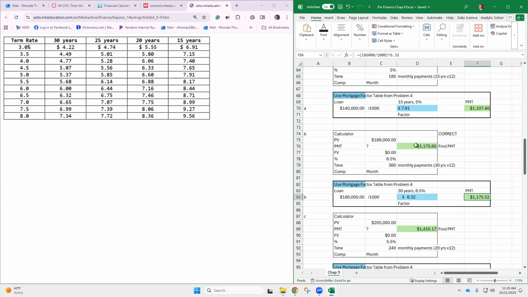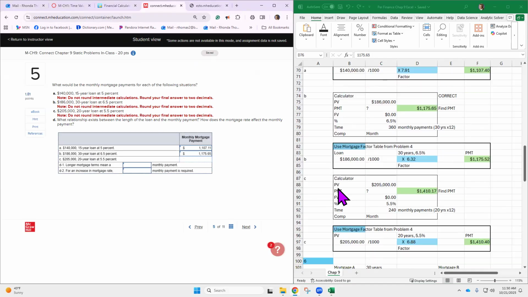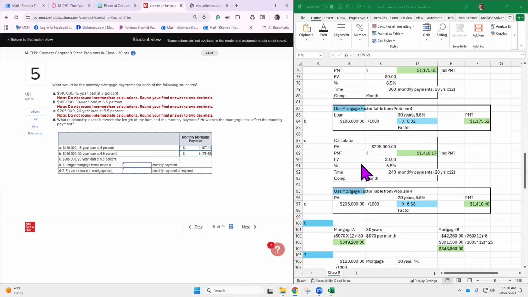So I'm going to put it in from the calculator. Okay, so we've got 1175.65.